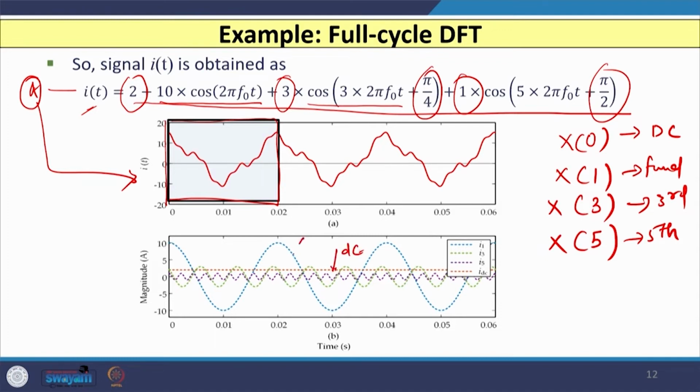Then we have seen this is our fundamental term, then this is your third harmonic, and we have estimated the fifth harmonic term.